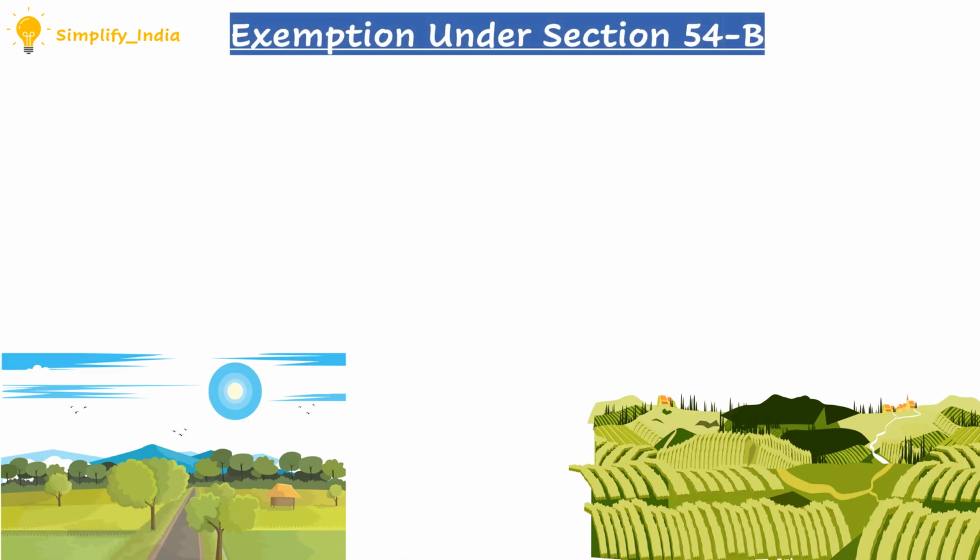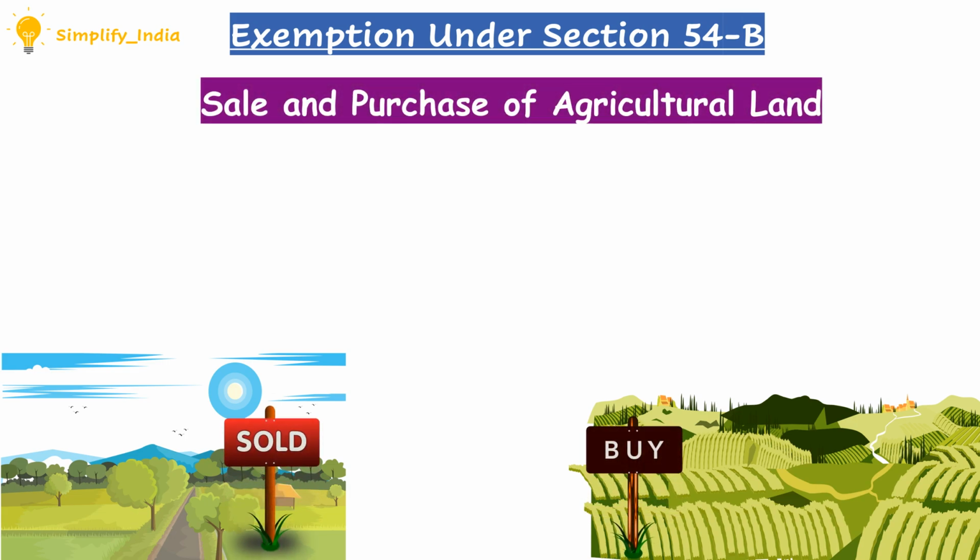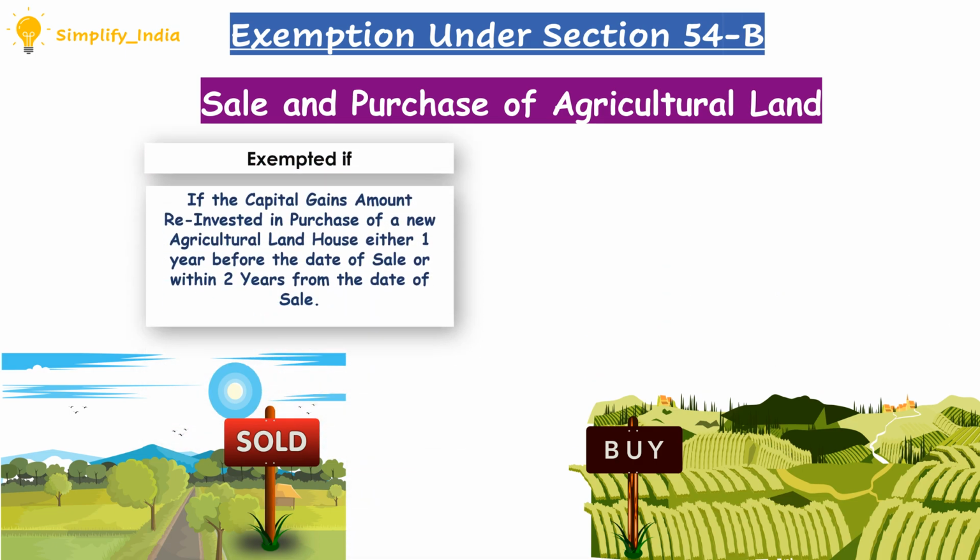We have exemption under section 54B, that is sale and purchase of agricultural land. Any agricultural land, either short term or long term, held by an assessee is sold and the capital gains arising out of it can be claimed as an exemption if the capital gain amount is reinvested in purchase of new agricultural land either 1 year before the date of sale or within 2 years from the date of sale.